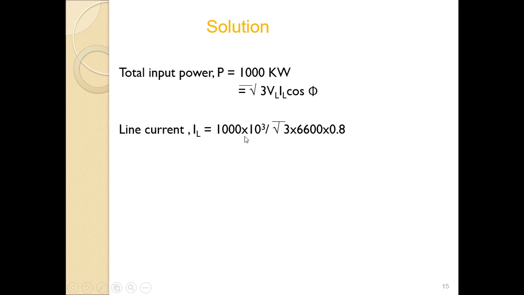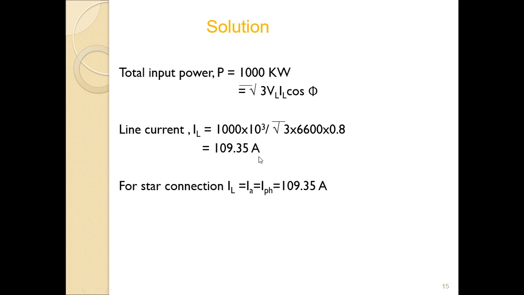That is 1000 kilowatts by root 3 into 6600 volts into power factor 0.8. That gives the line current, 109.35 amps. As it is a star connection, line current is equal to phase current. So IL is equal to IPH, that is 109.35 amps.